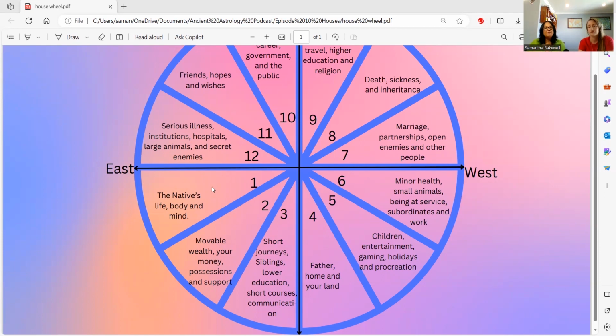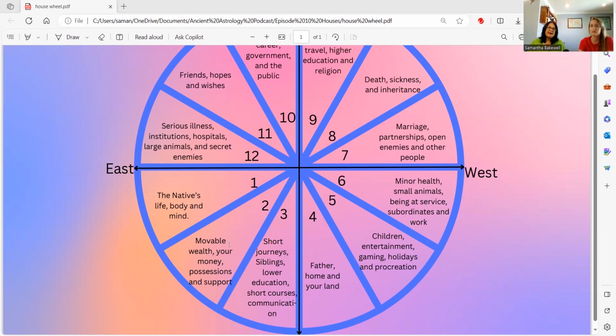So it depends on where the placement is, how well you are experiencing your body, because that is your body and your mind. What makes you tick, where your motivation is. So if the lord was in the second house, then what's your motivation? Most likely money. Exactly. Building up wealth, making it, spending it. So it's a very important house, the first house, and capable of 100% of its energy.